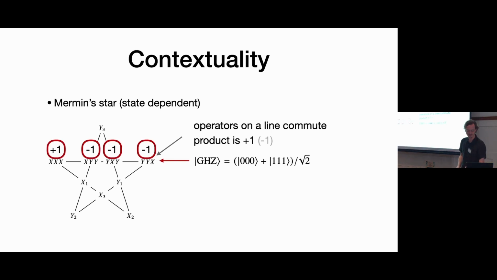And in this case, if you take a GHZ state, which is this kind of 3-party entangled state, 000 plus 111, a cat state if you like, and you look at what measurement outcomes you get in this game, well, the operators along this row all have a definite value when measured on this. They're all stabilizers. The XXX has eigenvalue plus 1 because it just flips these two. The other two have eigenvalue minus 1.